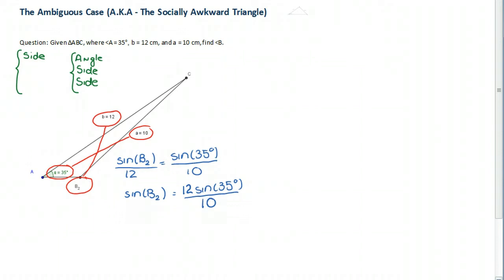I really want to stress the point that we should be able to type this into our calculator in one step: work out this right-hand side in one step, and then take the sine inverse of that. A nice little check to remember is that this value has to be less than or equal to 1.